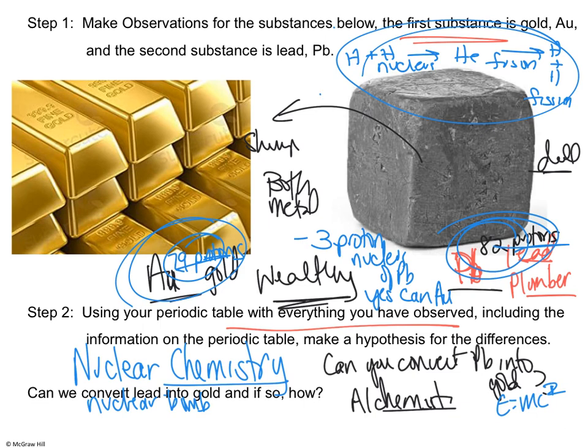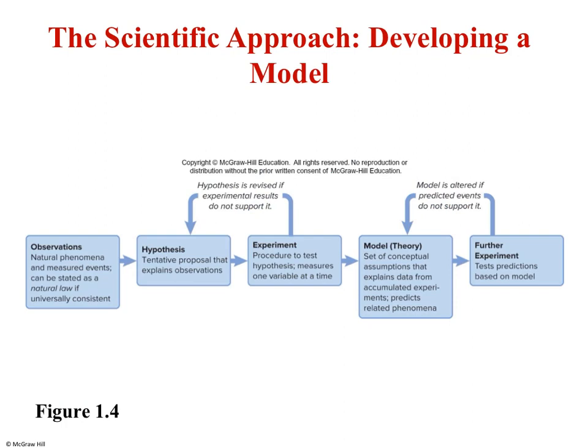But you see how the properties of lead versus gold are different. And so this is chemistry. And so the scientific approach is like what we do. We make observations. So we just made some observations. We talked about the difference between gold and lead and their properties.